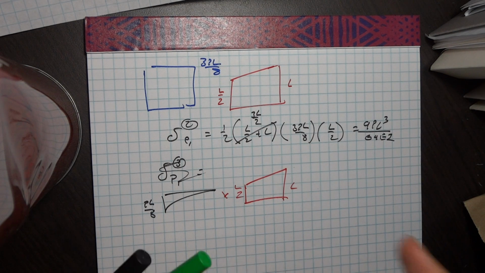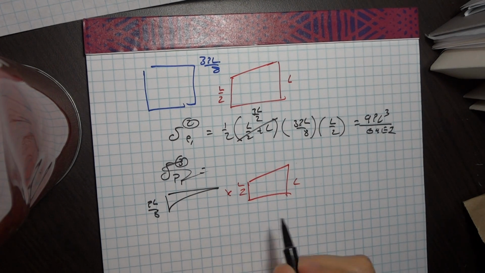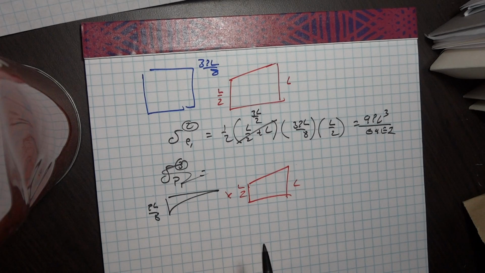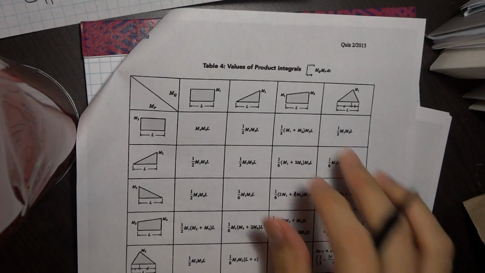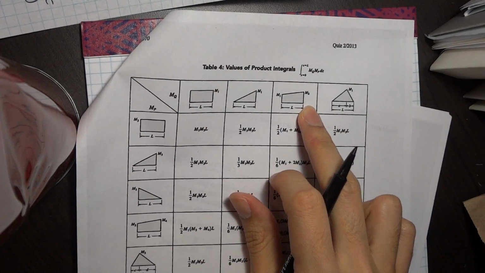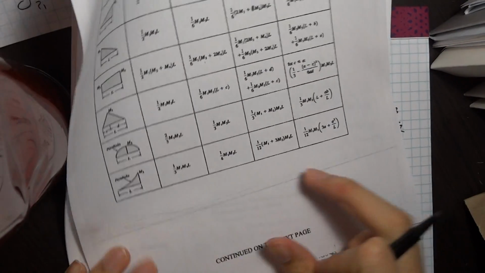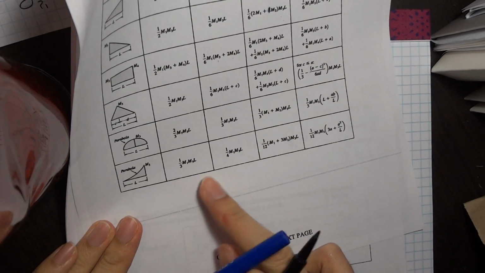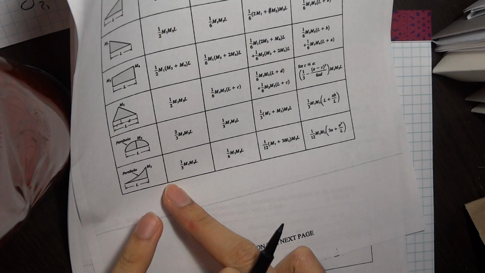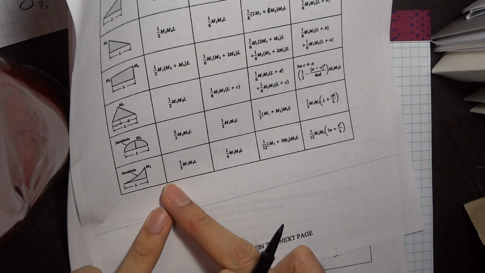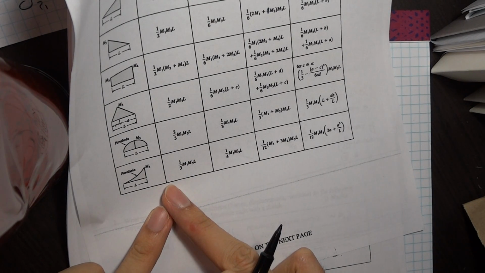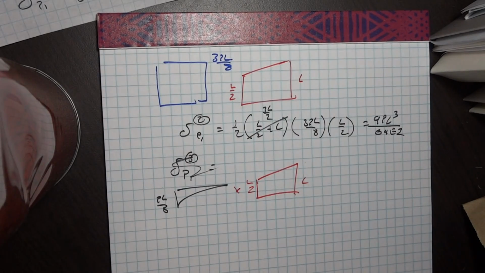My formula for this one is going to end up being trapezoid times parabola. M2 in this formula is the side with the base on it, the side that corresponds to the base of the parabola.